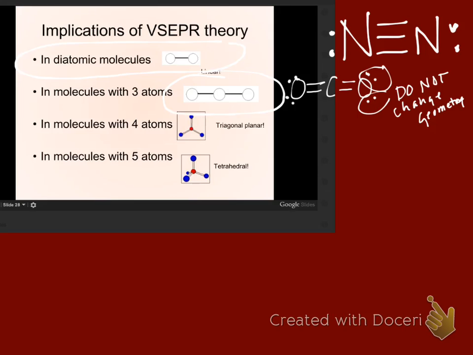So I've got this little beauty here. I'm trying to think of something that meets this. Beryllium trifluoride. Boron trifluoride.